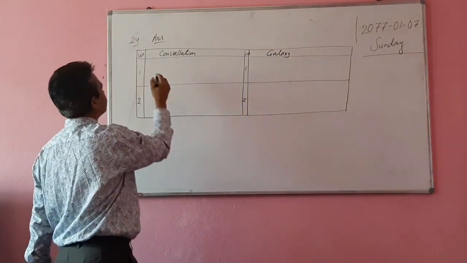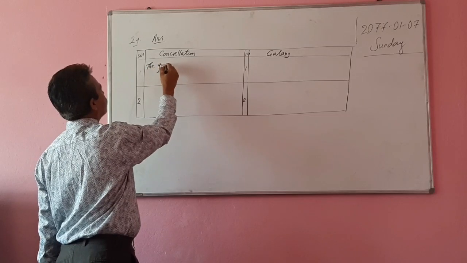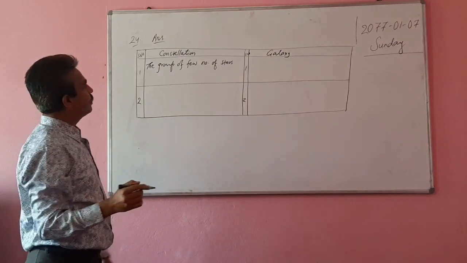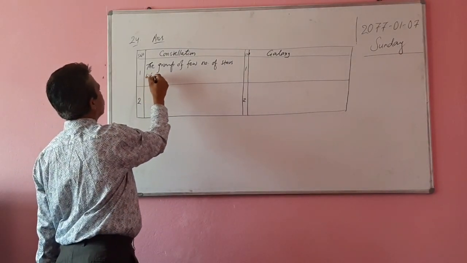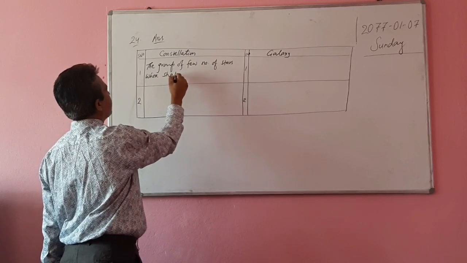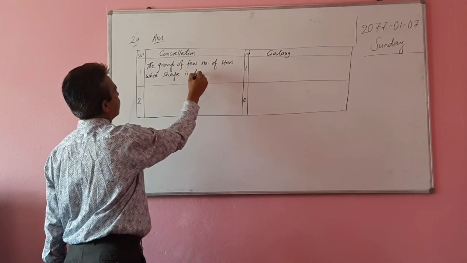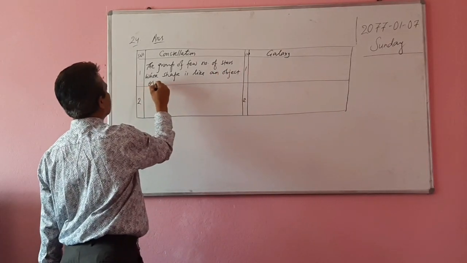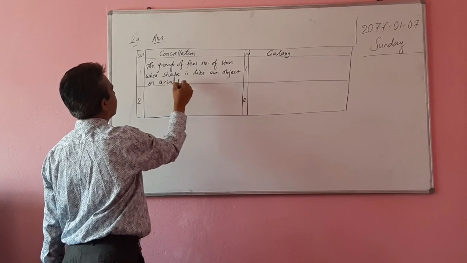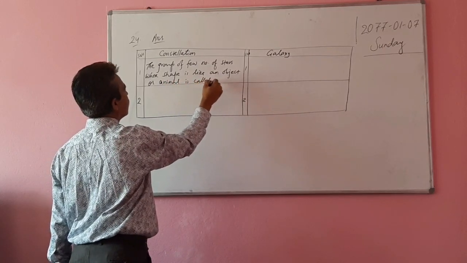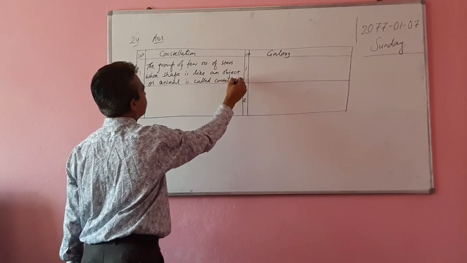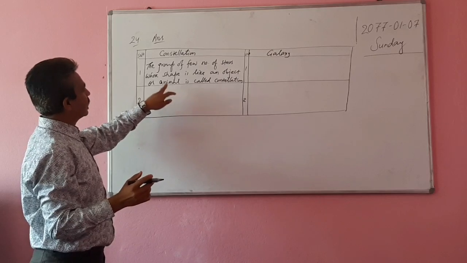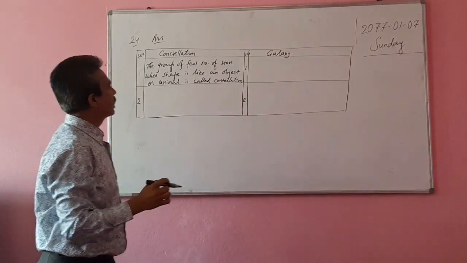What is a constellation? The group of a few stars whose shape is like an object or animal is called a constellation. Very few stars are there, and they may possess the shape of an object or an animal.